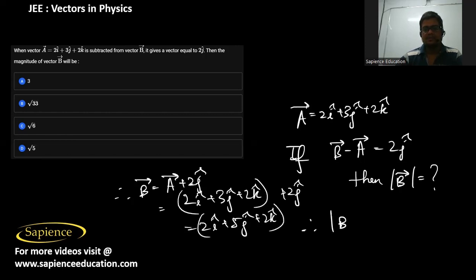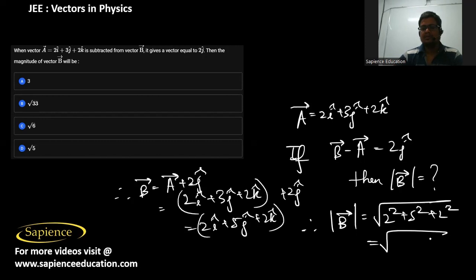So therefore the magnitude of the vector B will be equal to square root of 2 square plus 5 square plus 2 square. So this will be 4 plus 25 plus 4, so 4 plus 4 is 8, 8 plus 25 is 33, root over 33 units. Option B is the correct answer.